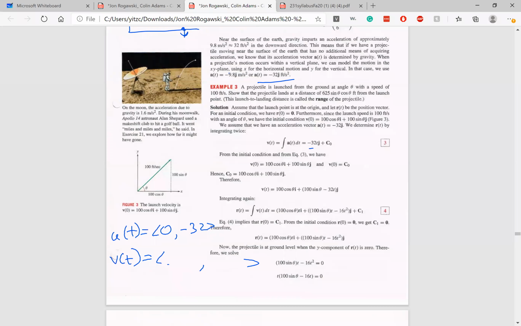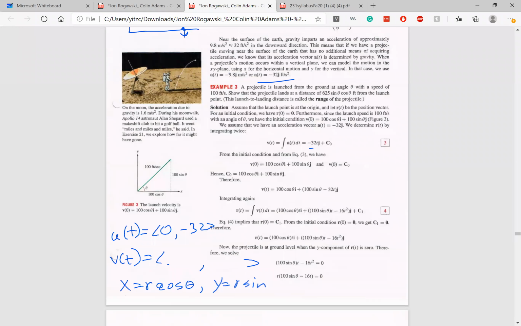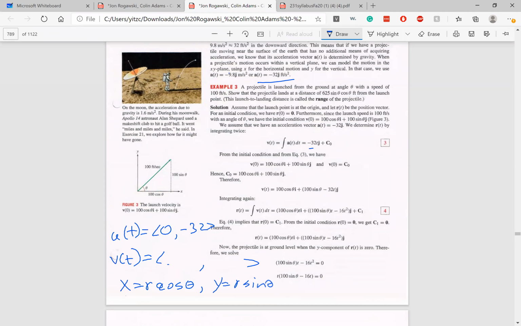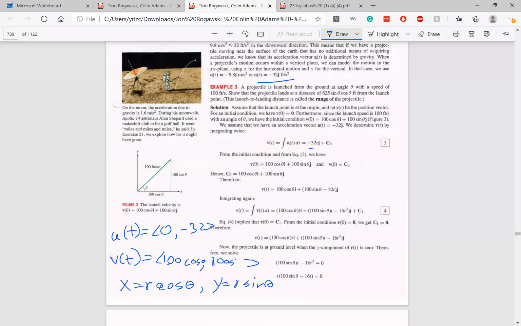They tell us that it's going to be thrown at a speed of 100 feet per second, which means in the x coordinate, we remember x is equal to r cosine of theta, and y is equal to r sine of theta. So in the x coordinate, we would get 100 times cosine. And in the y coordinate, we're going to get 100 times sine.